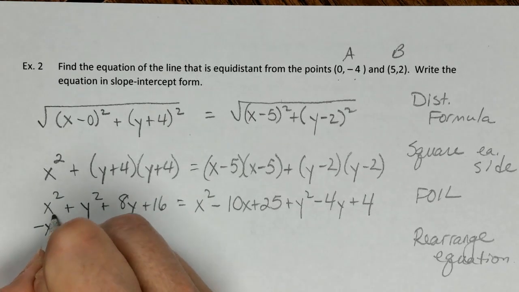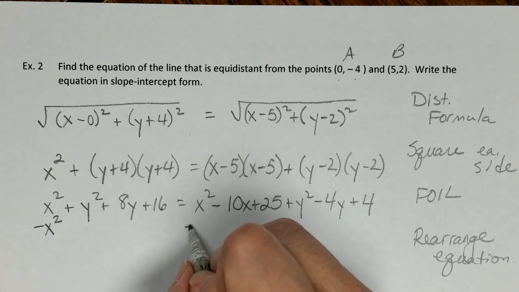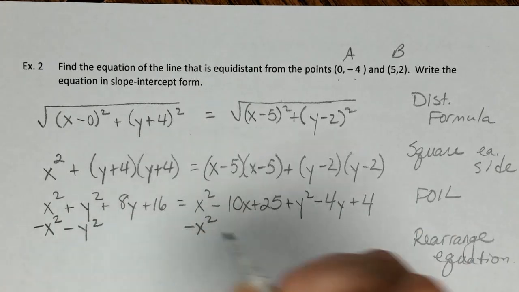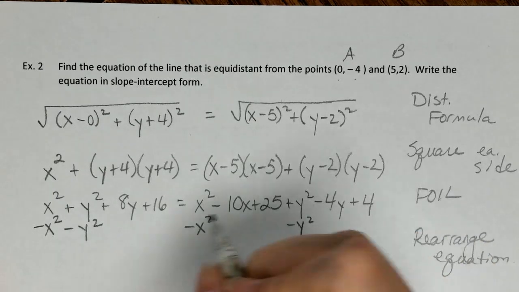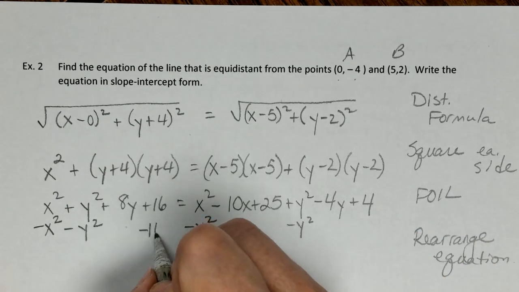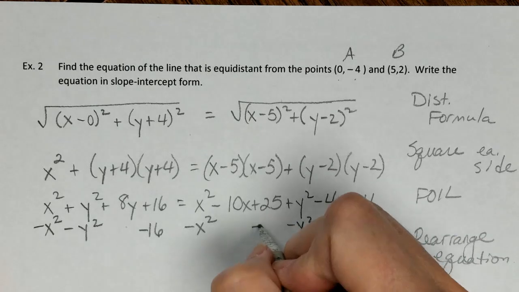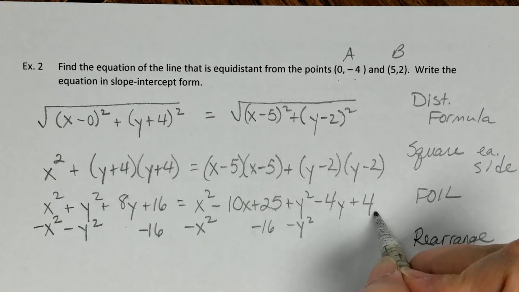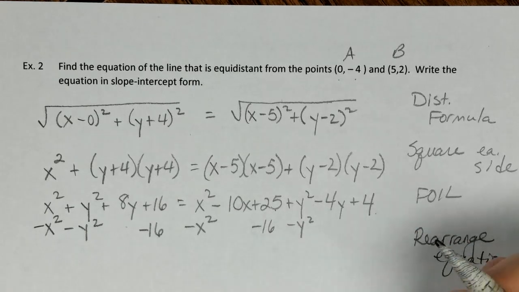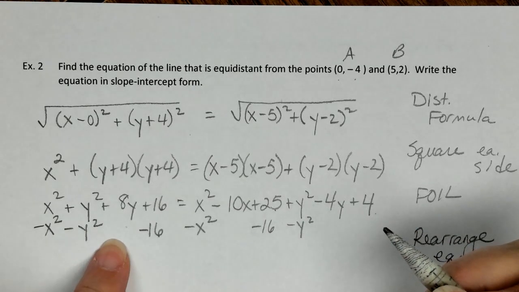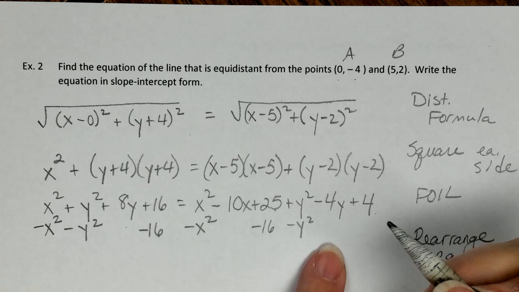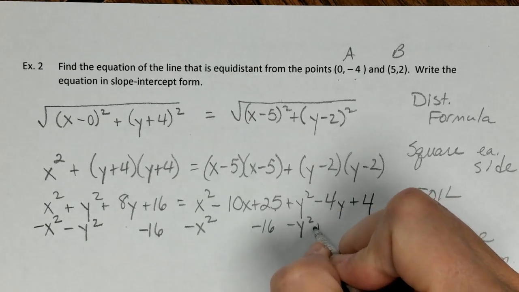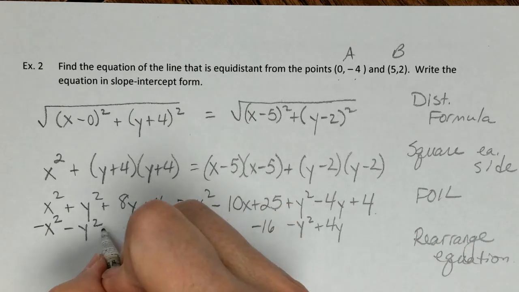So this and minus y squared, keeping the y here, subtract 16. I chose to put it into the 25, so it's normal subtraction. Now, all we have left here is a y, but over here there's that y. It needs to go left. It was minus 4y, so I'll add 4y.